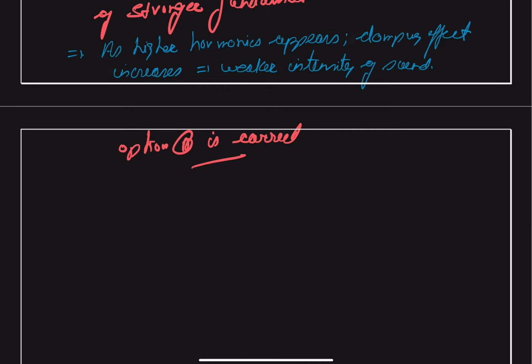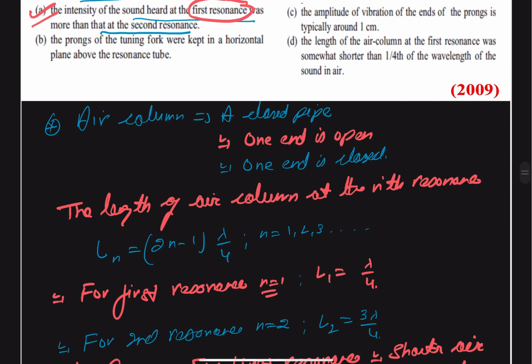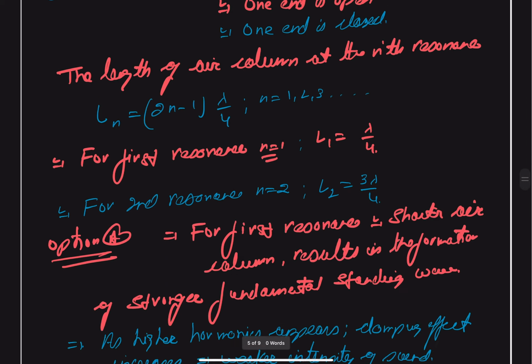Now let us check the second option, B, which states that the prongs of the tuning fork are kept in the horizontal plane of the resonance tube.